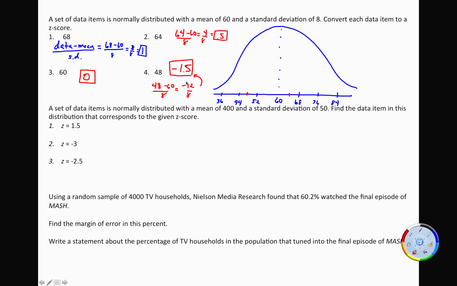Finding the z-score. Okay, a set of data items is normally distributed with a mean of 400 and a standard deviation of 50.